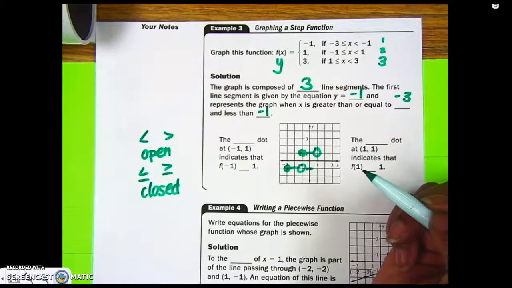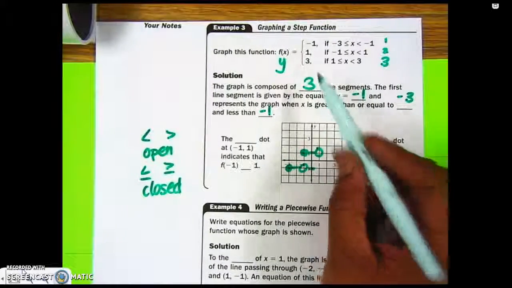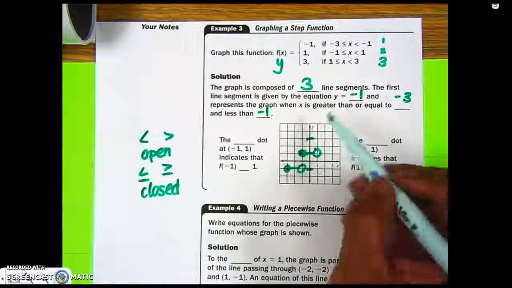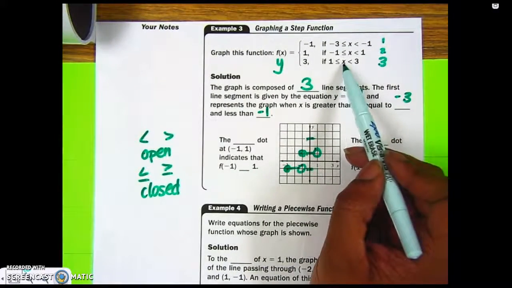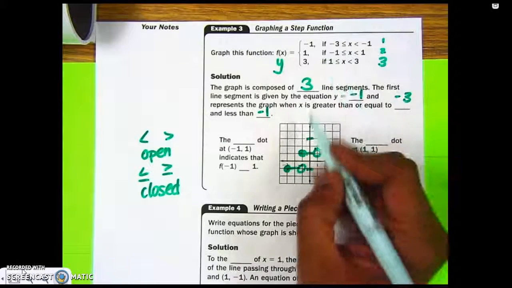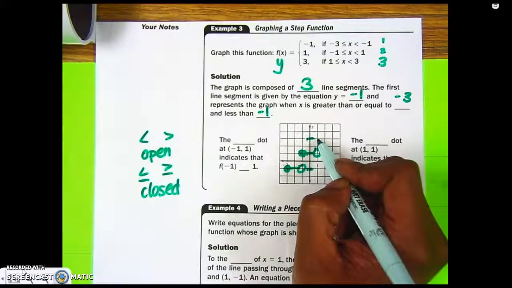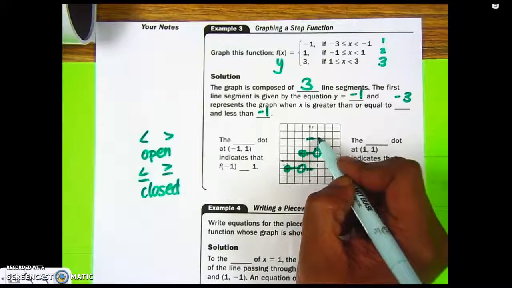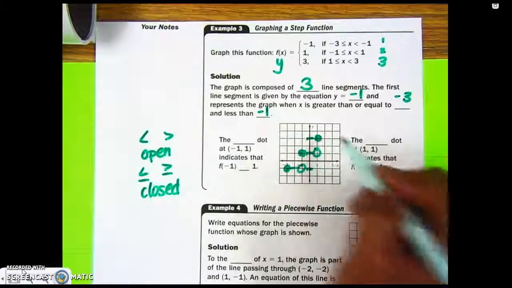All right, the third line segment is where y is equal to 3. So I'm going to have a little placeholder right here where y is equal to 3. And then for my domain, it says x is greater than or equal to 1. So I'm going to go to 1 on the x-axis and line that up with my little placeholder here. And since it's greater than or equal to 1, I'm going to have a closed dot.